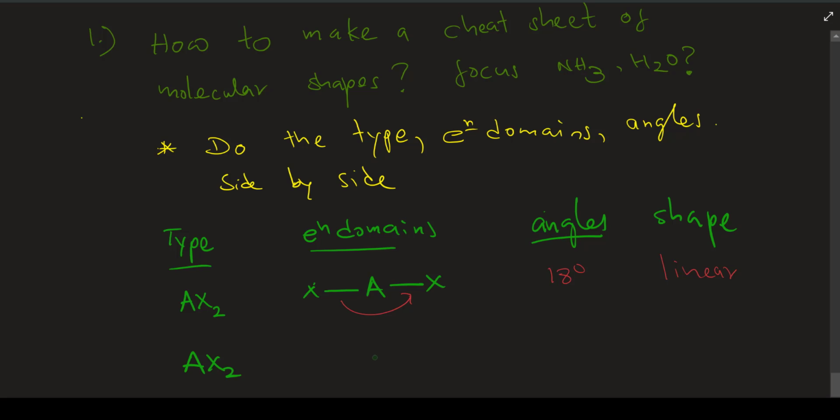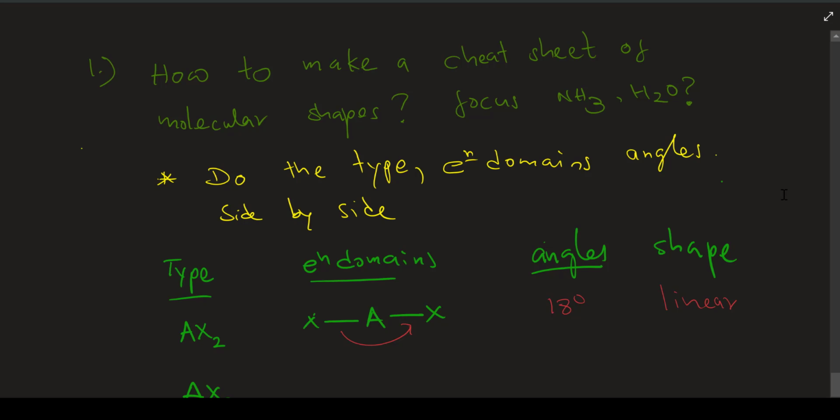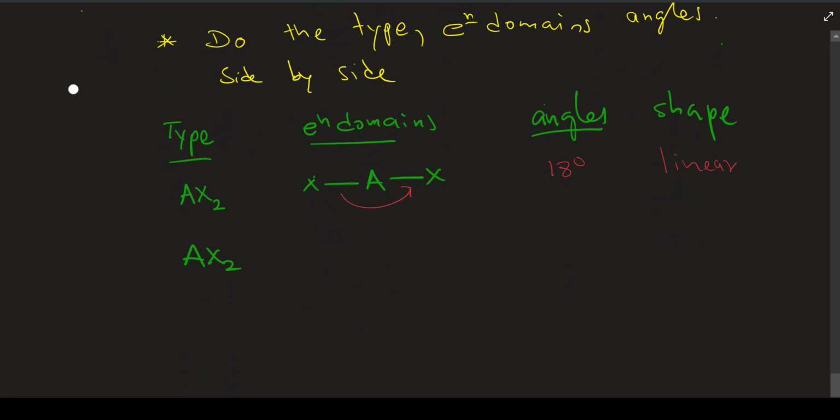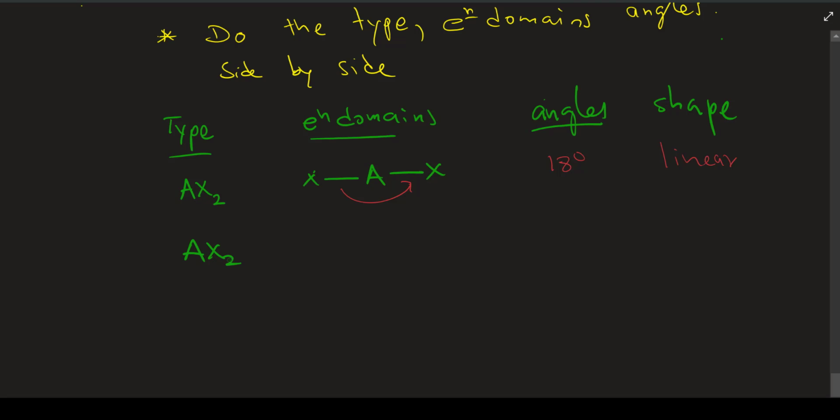So do these two columns, the type and the electron domain, right? Now, the first thing, AX2, the domains spread as much as possible because of the electron repulsion. It's 180 degrees actually, right? And then it's linear. So 180 degrees linear, AX2.